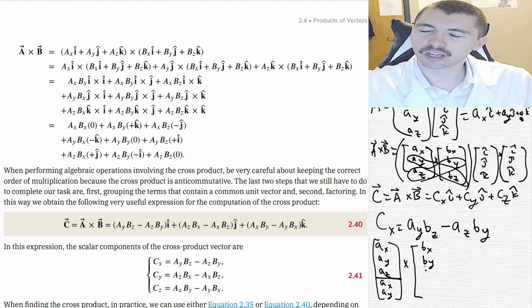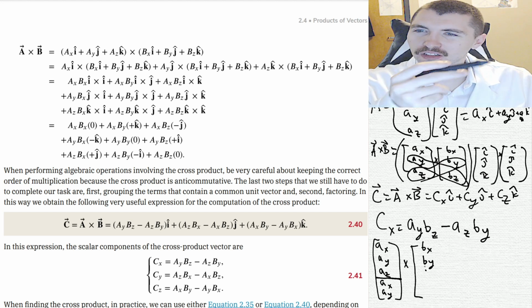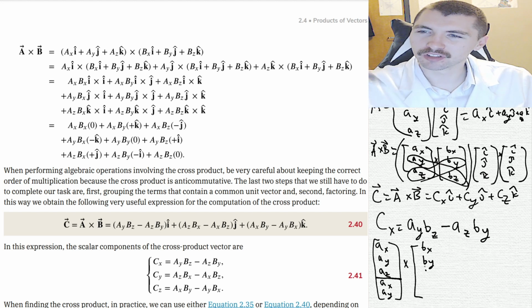I think my original cross product notation had the first cross right, but I didn't remember to subtract the opposite direction.